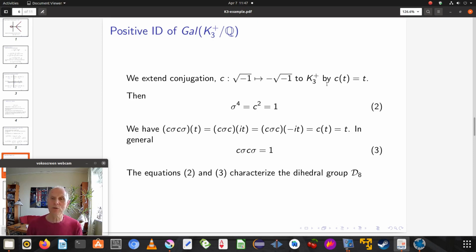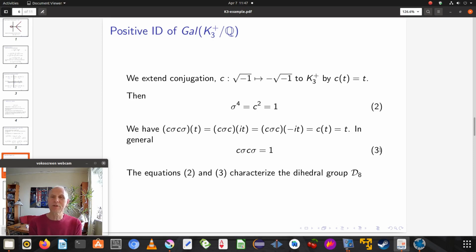The dihedral group is defined by the two equations 2 and 3. Actually, I don't like to say defined. It's represented by it. I'm having some problems with defining groups by the relations.